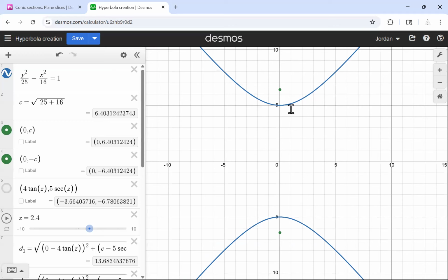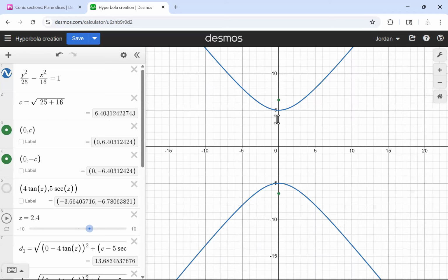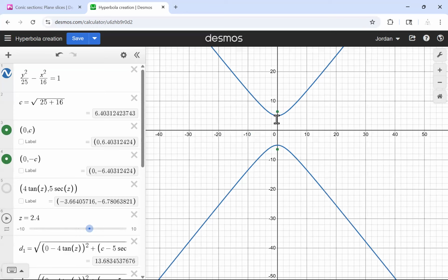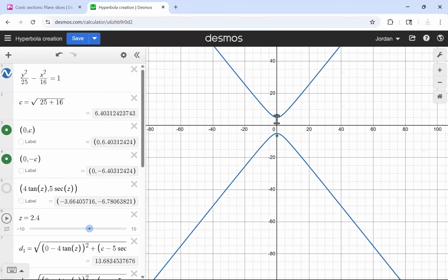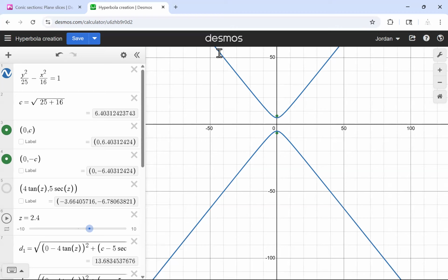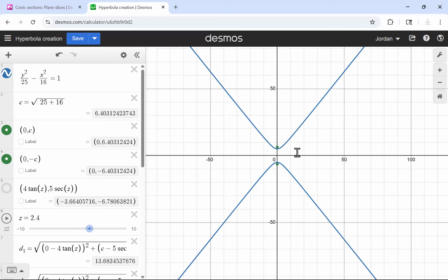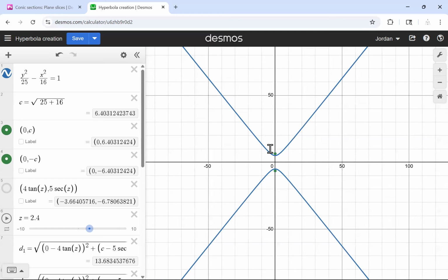However, when you start scrolling out and get further and further away from the vertices, these parabola edges look more and more like they form straight lines. They get closer and closer to straight lines when we get further away from the vertex.